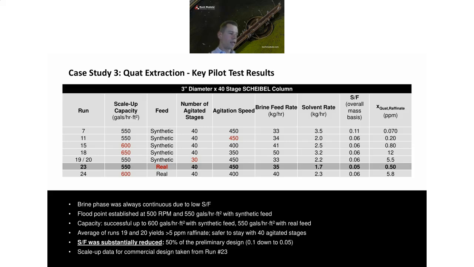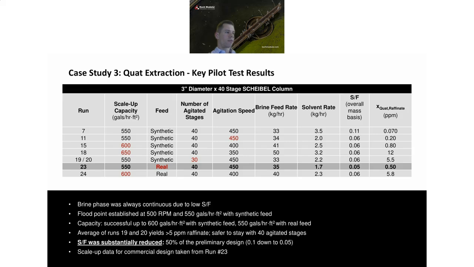At this point, we had just been using synthetic feed. So we switched from synthetic feed to real feed, and we ran at the same operating conditions that we did in run 11. There we were successful, even with a slightly lower solvent to feed ratio of 0.05. When we tried pushing the capacity again at the same conditions, we no longer made the raffinate spec.